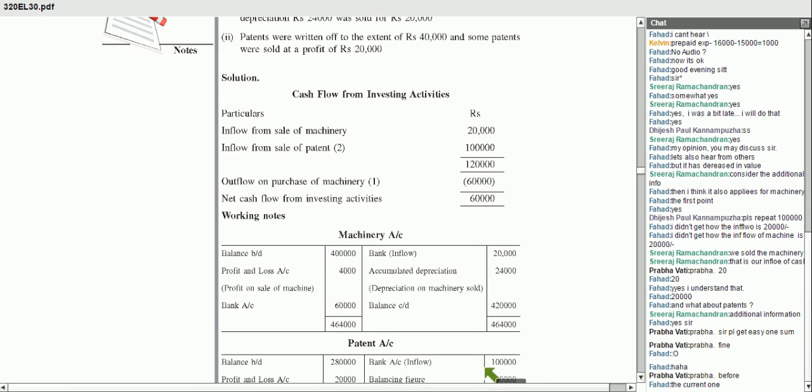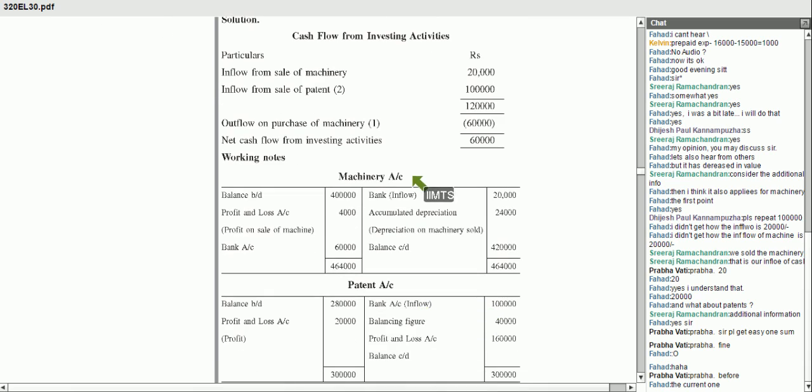Now you can see how they have calculated. This is the machinery account. They have made two separate accounts, and this is the patent account. Earlier the balance was 4 lakh rupees because they bought the machinery for 4 lakh. And suppose they sold it for 4,20,000 after a year, 20,000 additional money will come into their account.